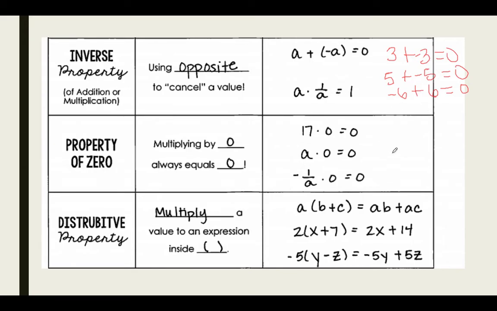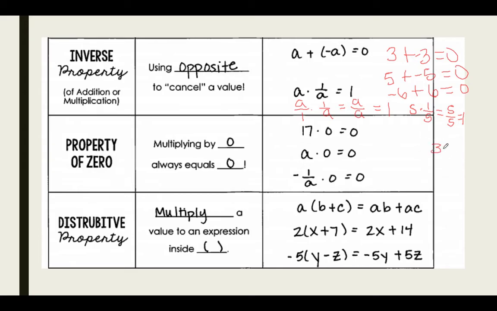Same thing with this: a times 1 over a is going to cancel each other out, because if I have a over 1 times 1 over a, it's going to equal a over a, which anything divided by itself is 1. An example of that, if I do 5 times 1 over 5, these 5s are going to cancel out because really you've got 5 over 5, which is 1.